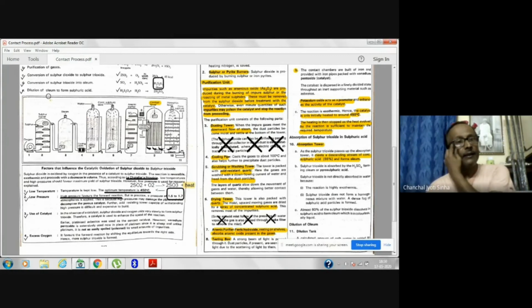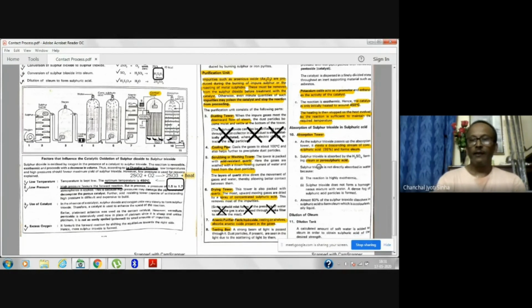Here, SO3 reacts with sulfuric acid to produce oleum or pyrosulfuric acid.